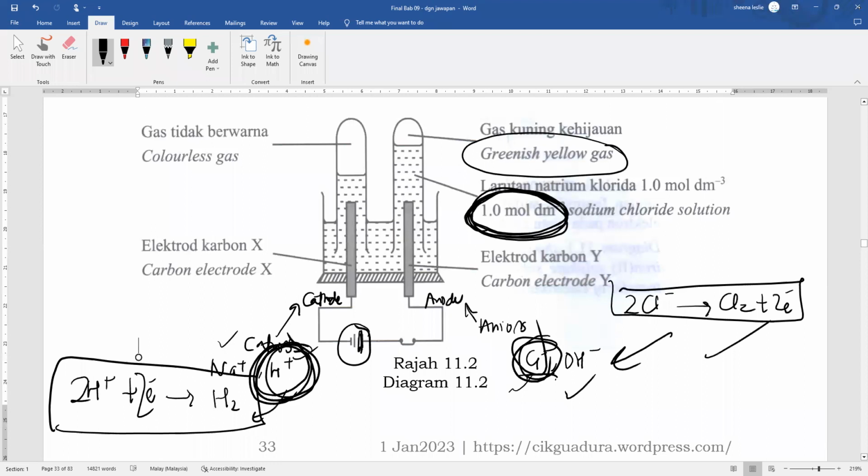Why is Cl minus being selectively discharged on one side, and why is H plus being selectively discharged on the other side? Let's start with Cl minus. Why is Cl minus being discharged here? Why not OH minus? The concentration. Yeah, correct. But the concentration of what?